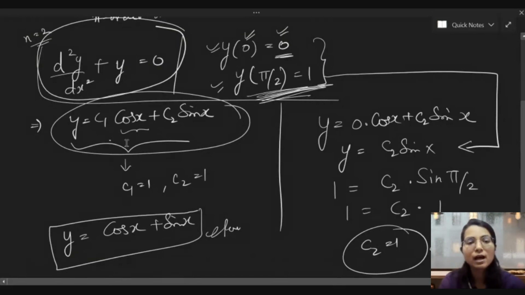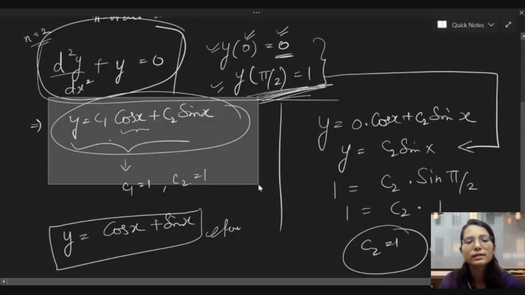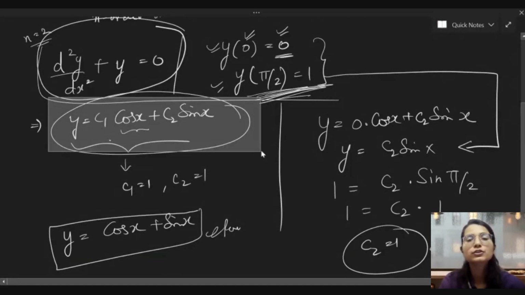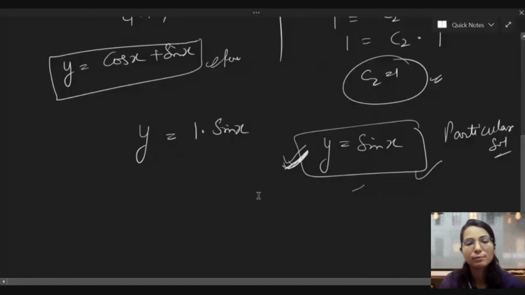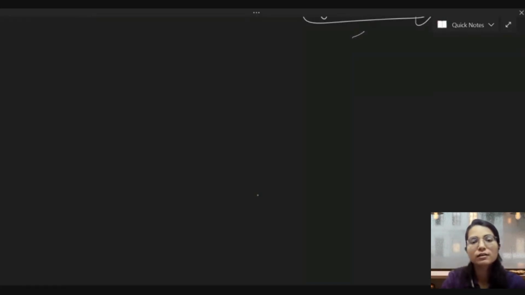So in other words, this is a general solution. It is a family of curves, because without a family of curves, you can't have a differential equation.